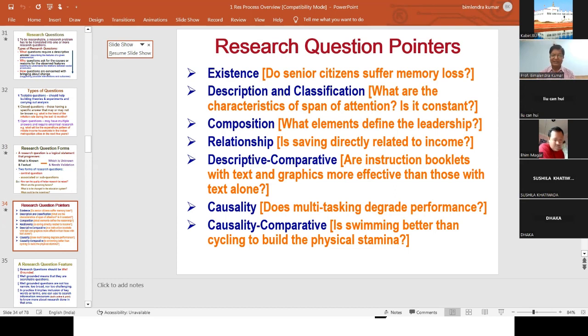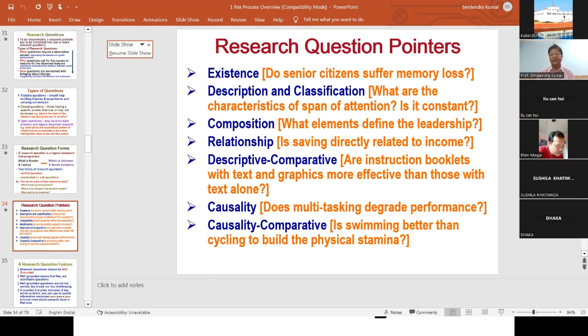And description questions like, what are the characteristics of the span of attention? Is it constant? Whether the memory loss or Alzheimer's taking place among aged persons, what are the characteristics of the span of their attention? Is it constant or is it changing?